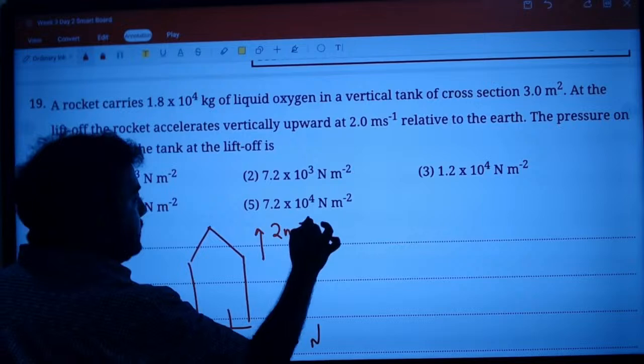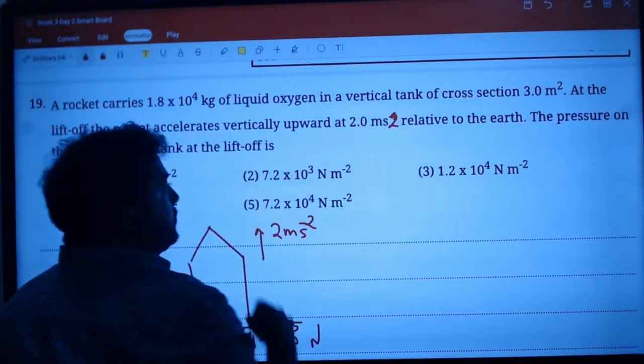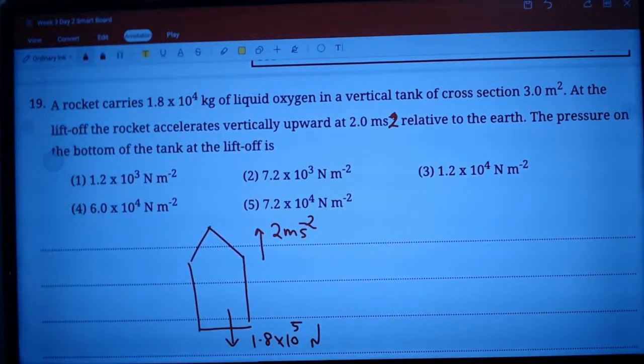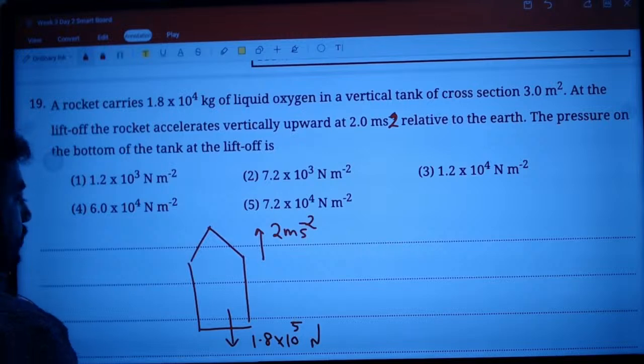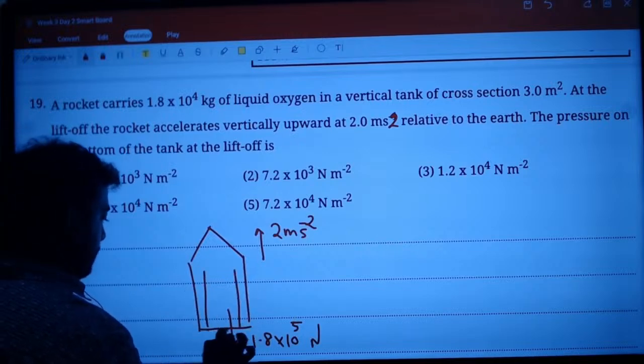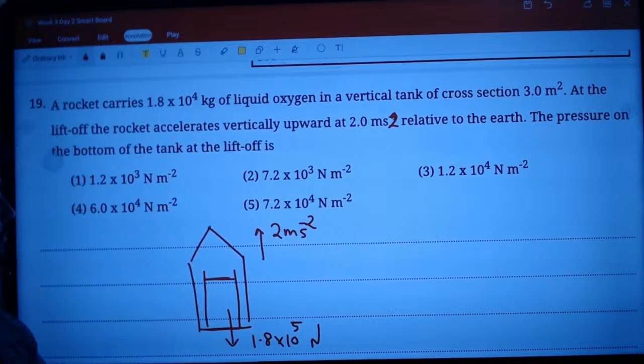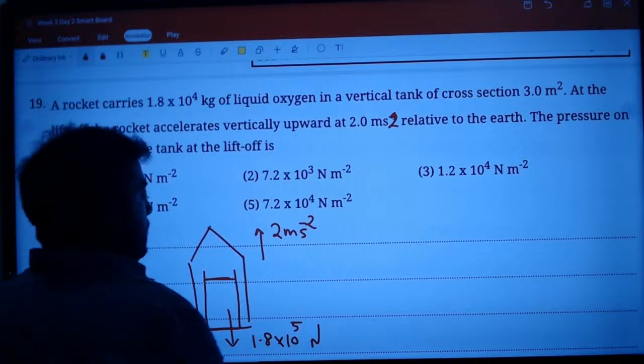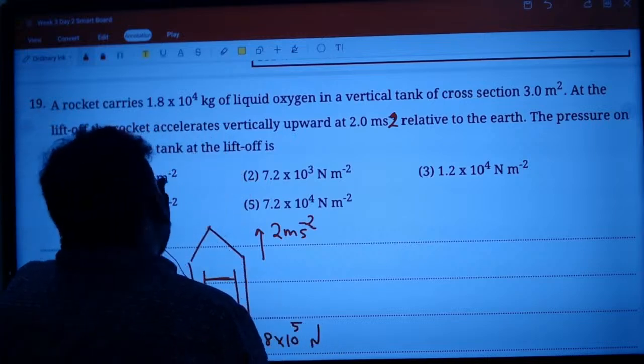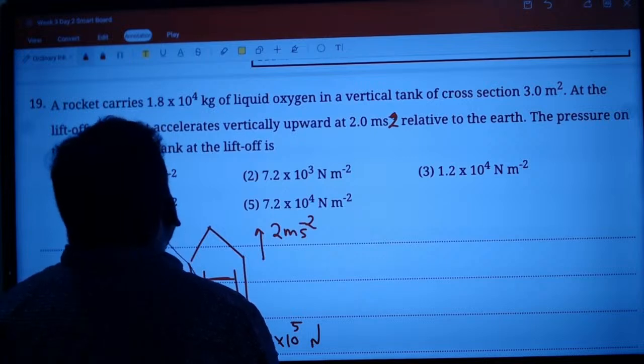Please correct this: this should be 2 ms minus 2 relative to the earth. The pressure on the bottom of the tank at liftoff is. Simplify this carefully.